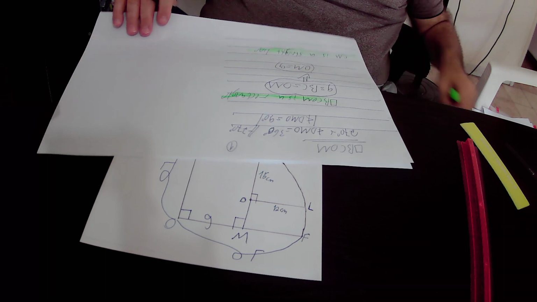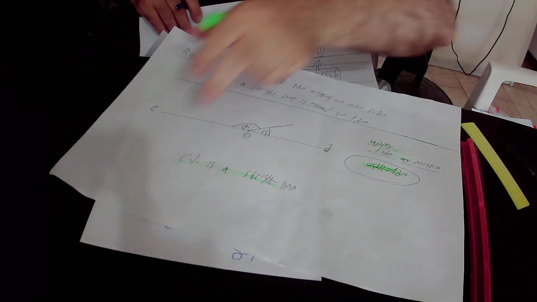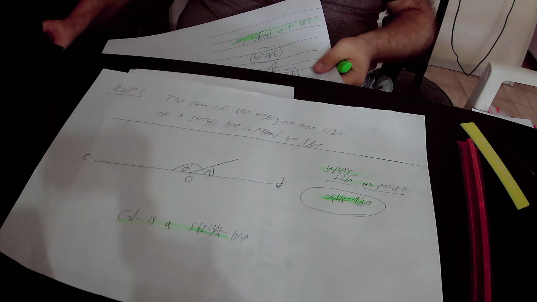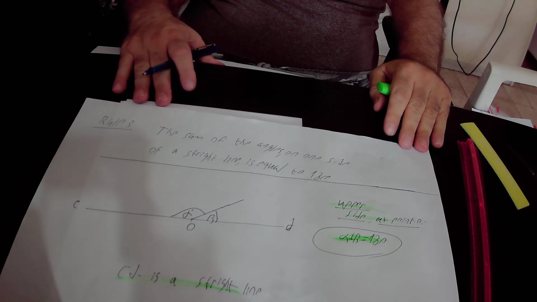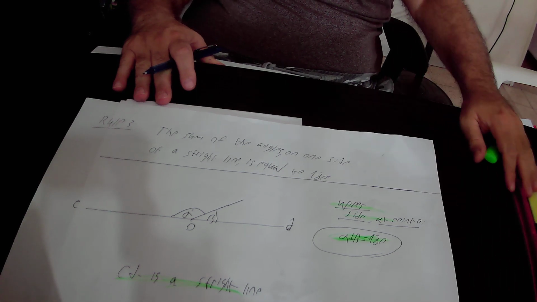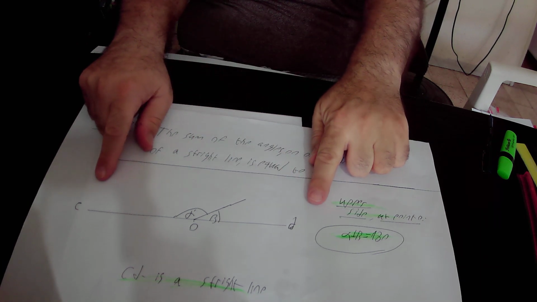And we have rule number 3, which states that the sum of the angles on one side of a straight line is equal to 180 degrees. So here CD is a straight line.